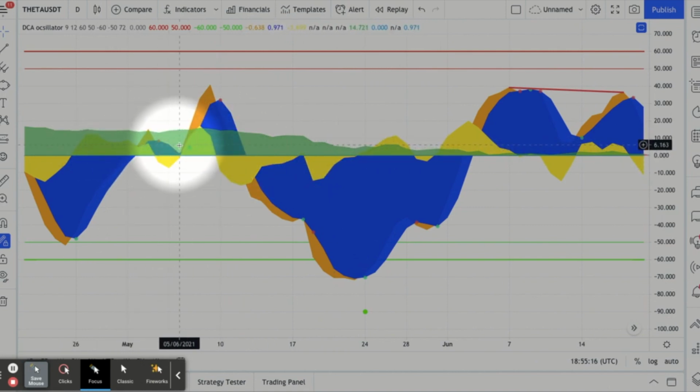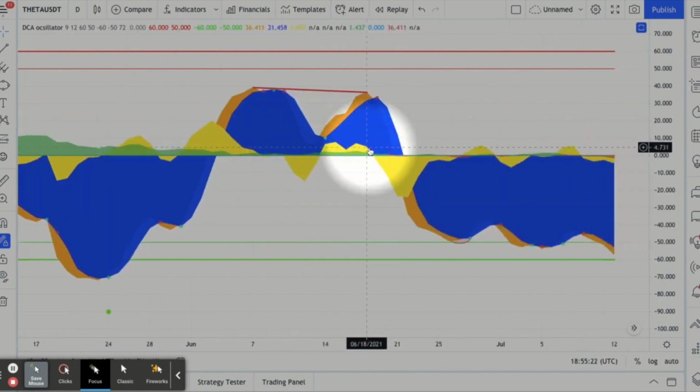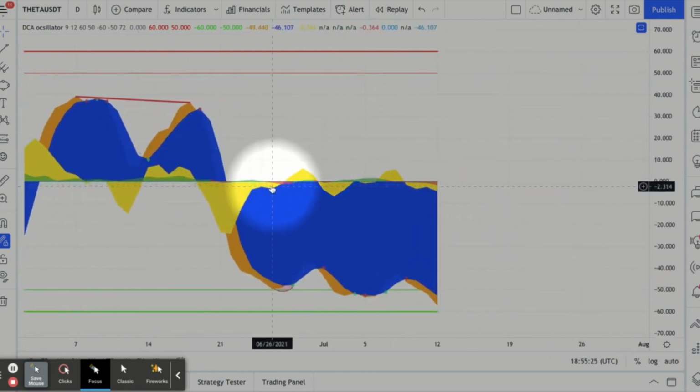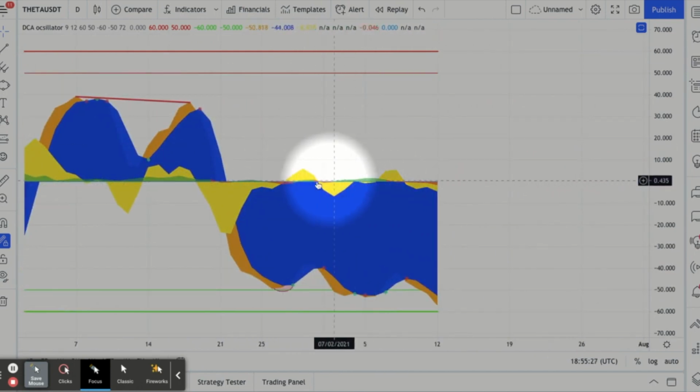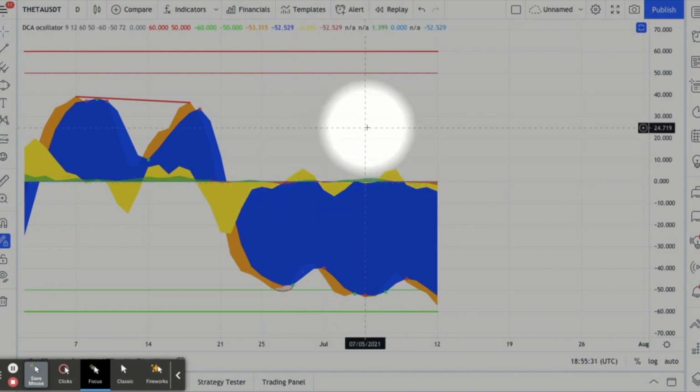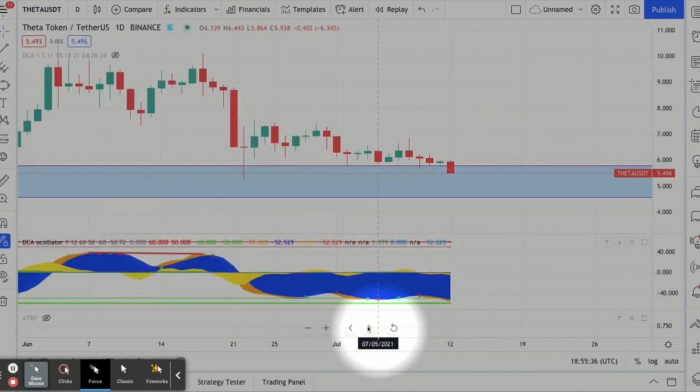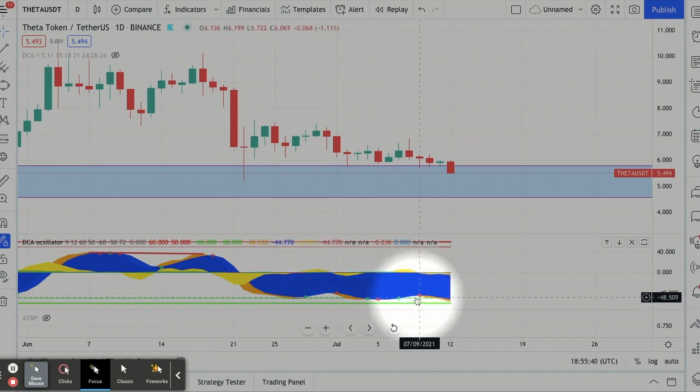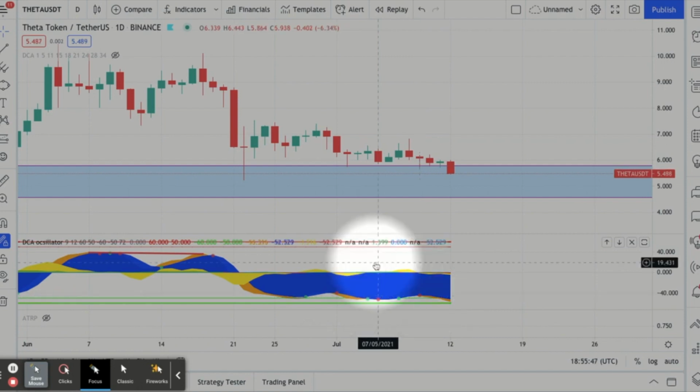Green is going to indicate the bulls are in charge, and red is going to indicate the bears are in charge. If you don't have a big area, then you're going to kind of want to chill, okay? And we also have, if I end up dropping it back down, some green and red dots, which are green is going to be indicating go long, red will indicate go short, or it'll be a buy and sell signal.